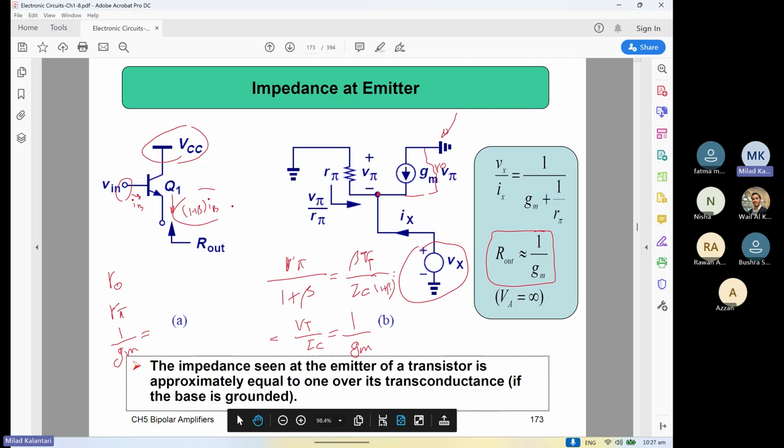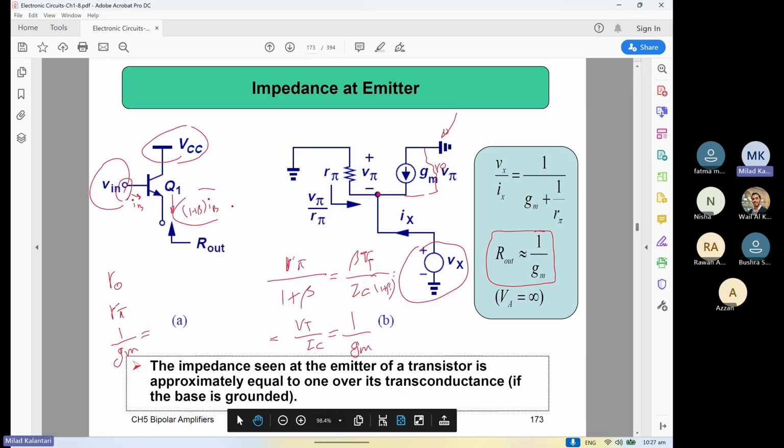So for the BJT, you can pretty easily move the impedances from the base to the emitter side, because you already know that the current is scaling with this much. The current at the base and the current at the emitter always have this ratio. So the impedances at the base can be transferred to the emitter with this ratio.